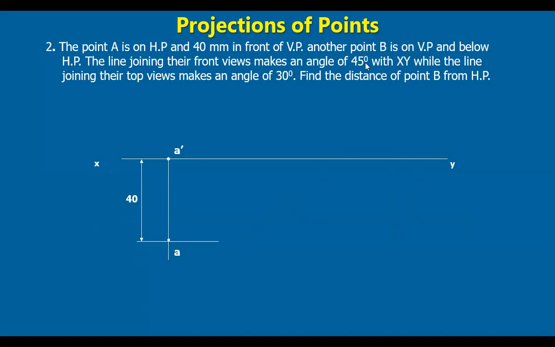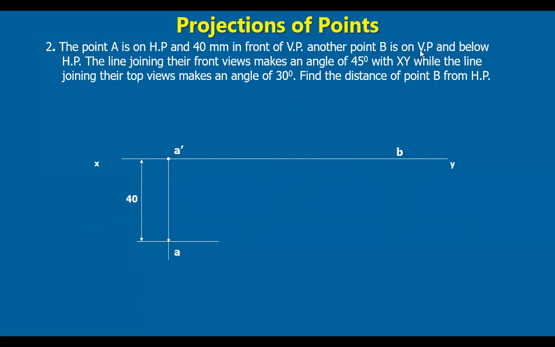On VP means its top view is on the reference line. That means somewhere on this reference line, it may be anywhere here, is the point B, the top view. Small b should be indicated. This top view of B is on this line, but we don't know where it is exactly.